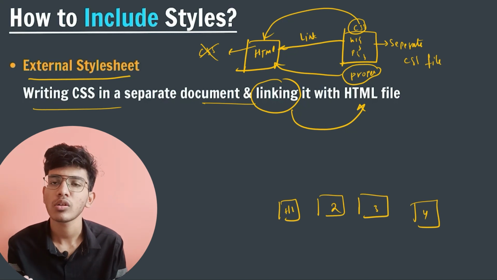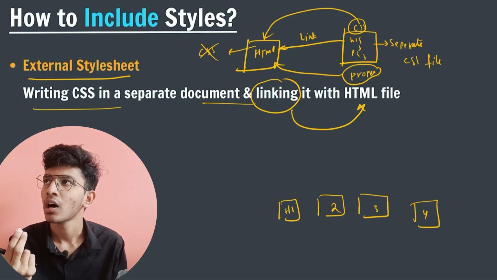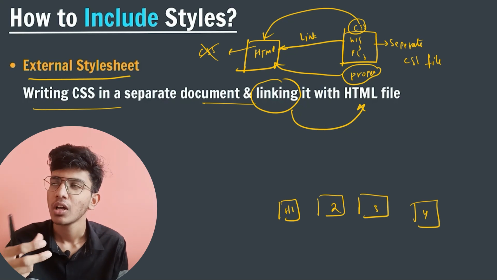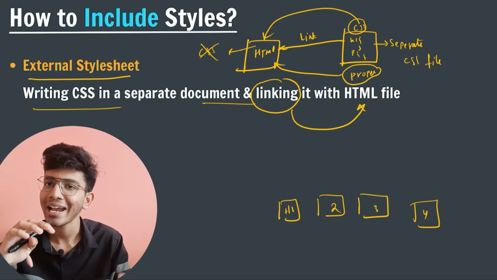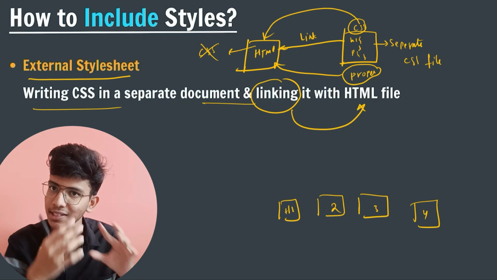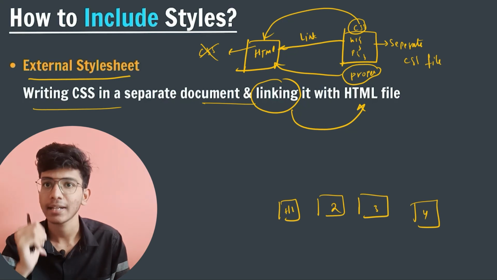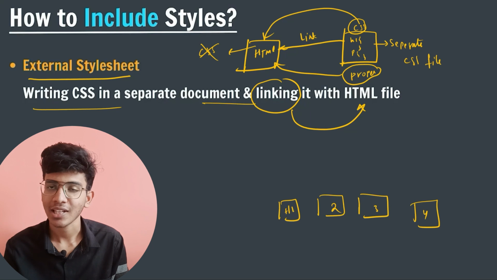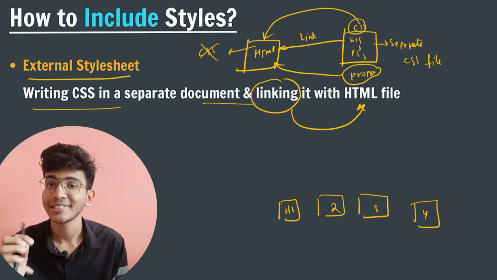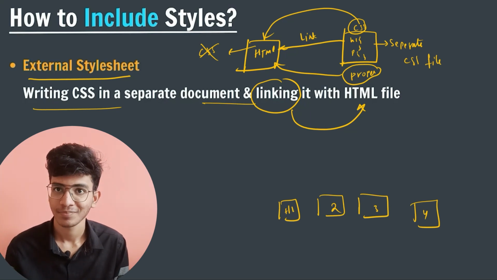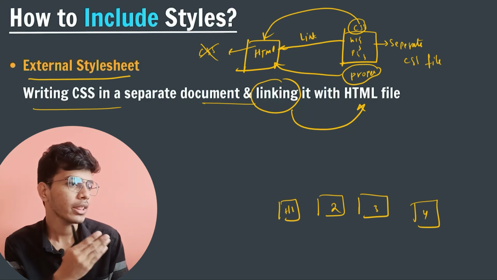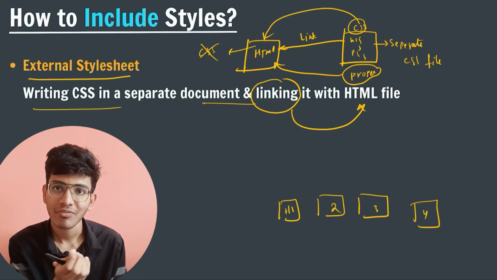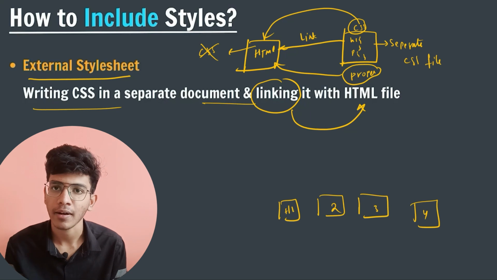For example, Apple follows a theme of some bluish color and black color. Tesla follows white and black color throughout their pages, and Google follows yellow color. Snapchat follows yellow color, right? So for all the web pages they have, they follow a synchronized pattern.